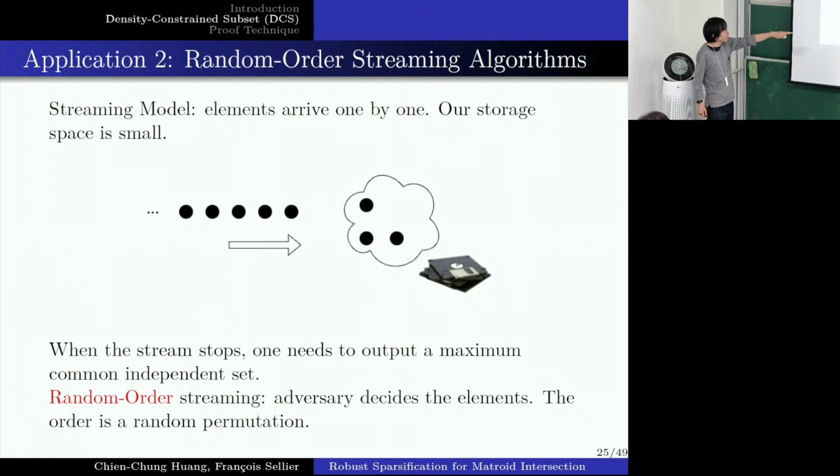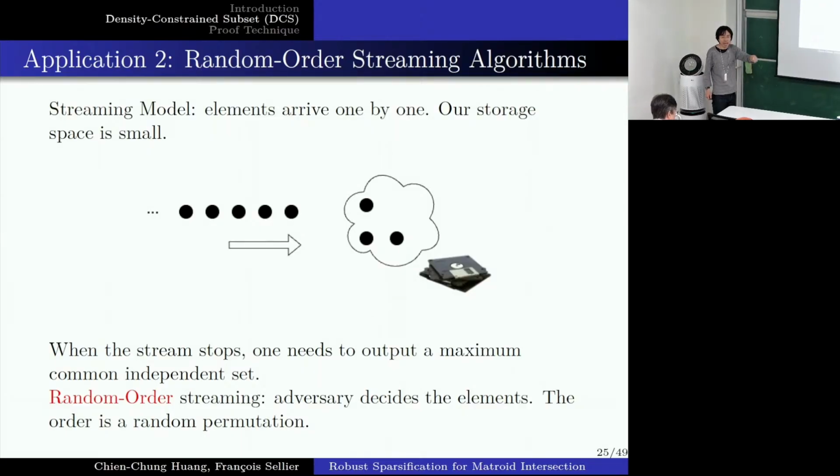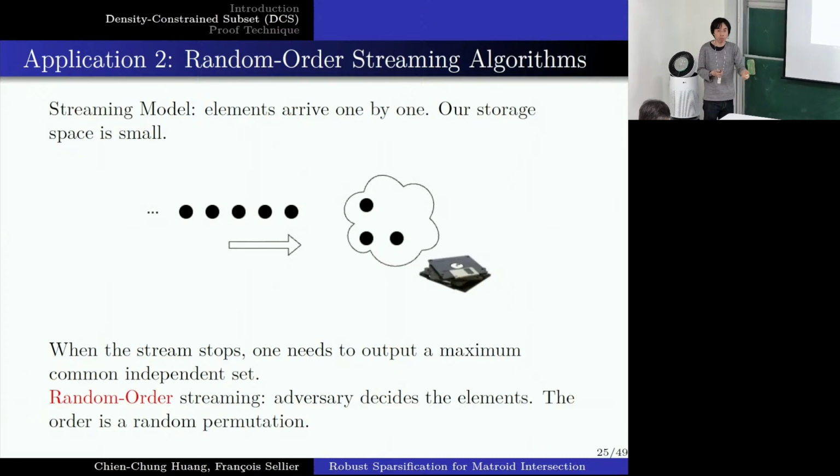This setting is a little bit simpler than the adversarial model, which is the online setting, where the adversary can observe your behavior and then design the elements the way he wants. Here is a weaker model: the random order model.